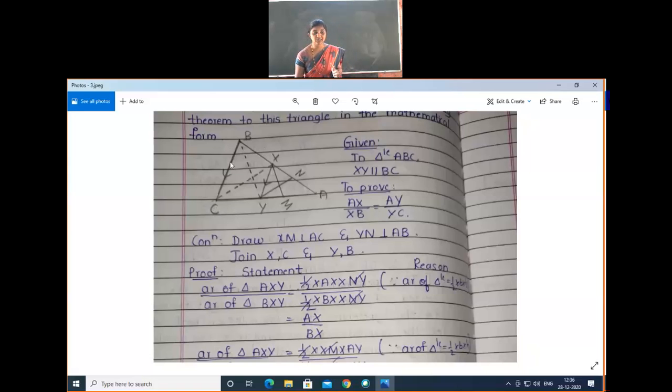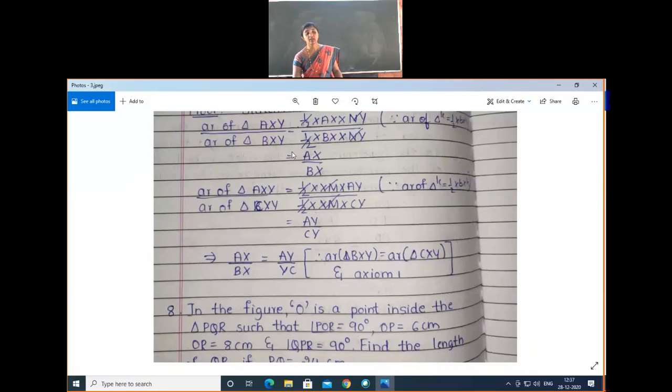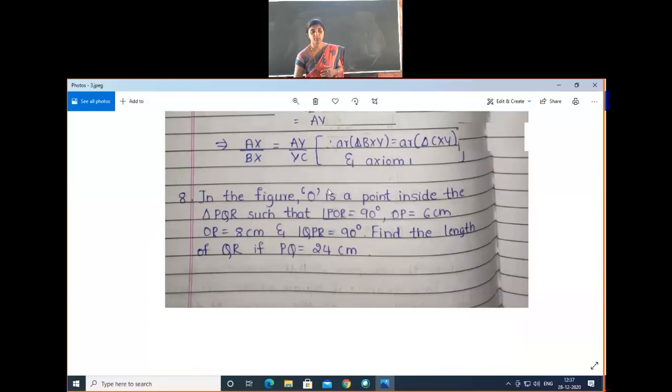According to that, BXY and CXY both stand on the same base XY between the same parallels, so their areas are equal. Here AXY is the same. So AX by BX is equal to AY by CY, according to axiom 1: things which are equal to the same thing are equal to one another. This is again the Thales theorem, right? Yes. What next? The 8th problem.